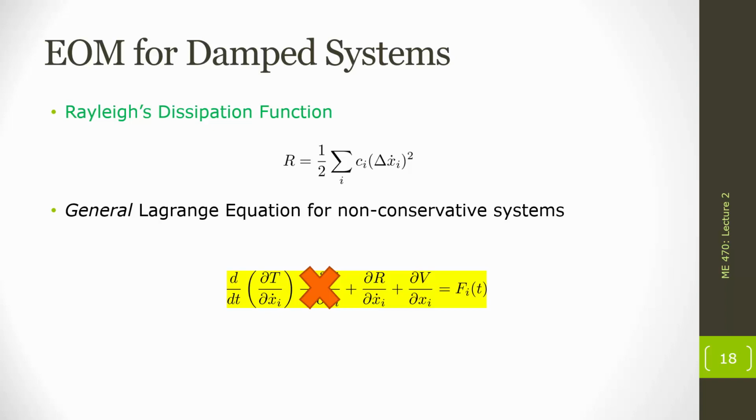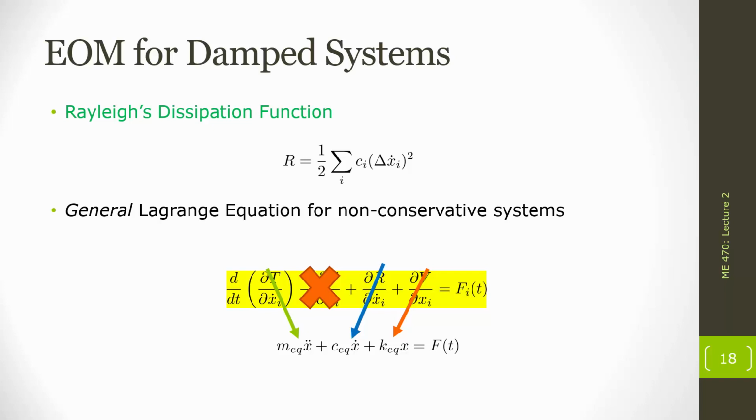So we're taking these three partial derivatives based on the T, the R, and the V that we are deriving in the modeling step. What's going to happen in the end is, after we do all this differentiation, if we're in a linear system, we're going to get an x double dot term preceded with a coefficient. That coefficient is going to be the equivalent mass of our system.